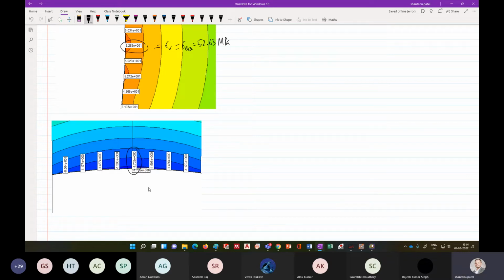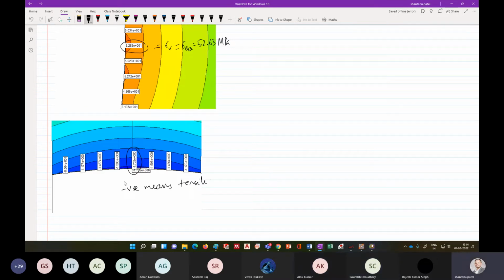Okay, so this value is minus. Minus means what? Can you tell me what this minus means? Negative means tensile. Yeah, this means tensile.